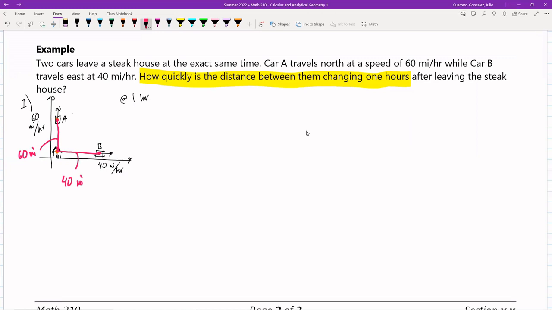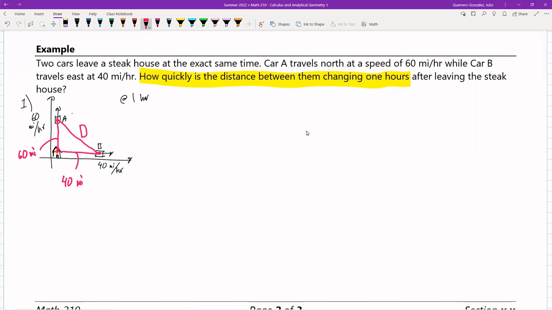We want to find how quickly the distance between them is changing. So I'm going to define a length here. This is going to be a capital D. That is the distance between them.